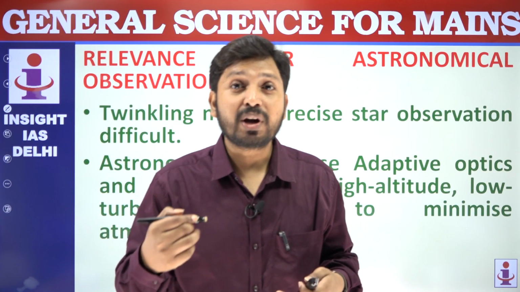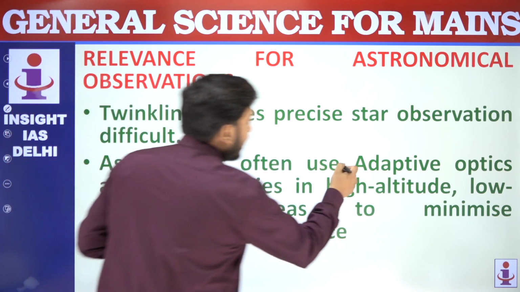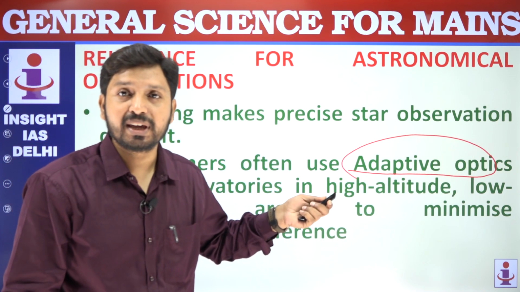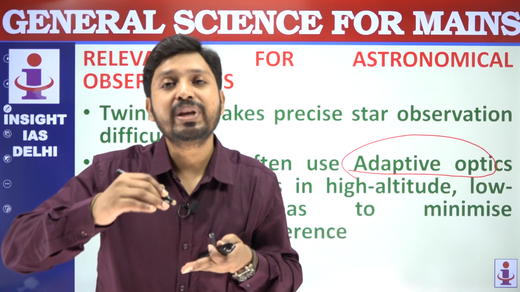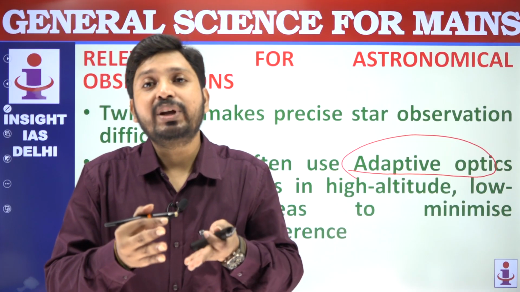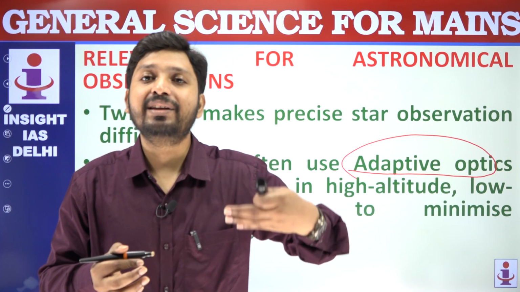Now what astronomers do is use adaptive optics. These adaptive optics will try to minimize the distortions of the light that is coming, so that they can take clear pictures of the stars and we can have a clear understanding.